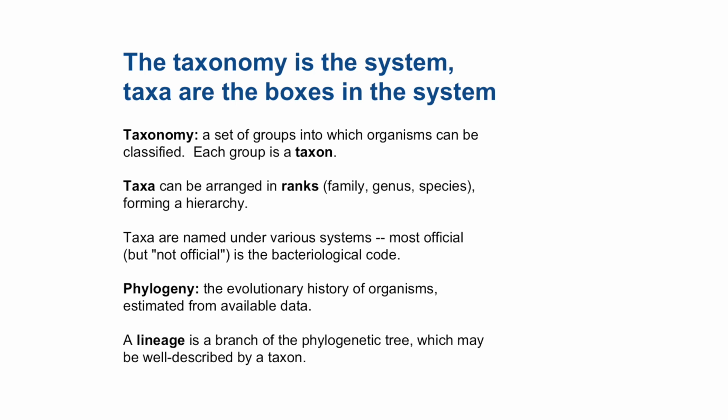A lineage is any part of that phylogenetic tree, any branch of that tree with a bunch of organisms in it. The bacterial taxonomy as it stands is informed by the phylogeny, but doesn't always follow the phylogeny. Phylogeny actually happened in history. The taxonomy is what it is. It's an existing system, imperfect.